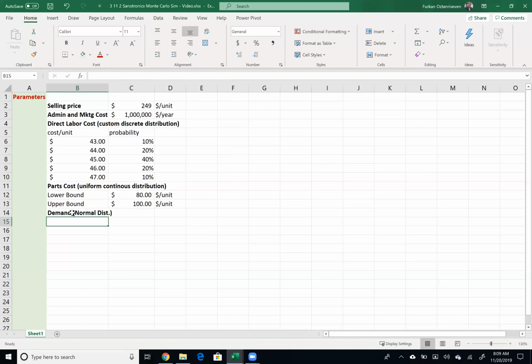A normal distribution has two parameters: average or mean and standard deviation. And here the mean is 15,000 units and the standard deviation is 4,500 units.